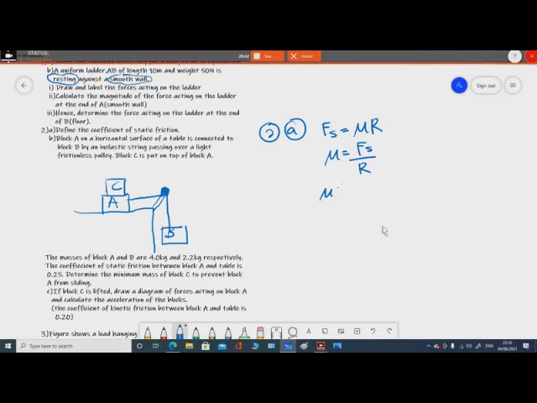So mu is the coefficient of static friction. Fs is the static friction.